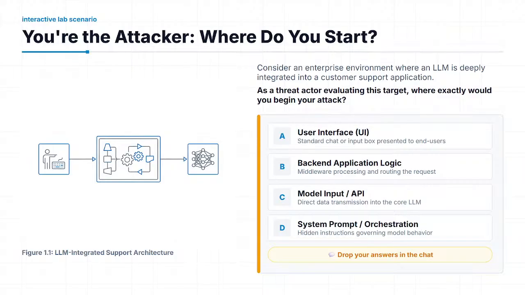Before we start today's session, take this as a knowledge base check for yourself and imagine where you would start from. You are dealing with an LLM integrated into a customer support application, and you are acting as a threat actor, even though you are a cybersecurity analyst. Where exactly would you begin your attack from?